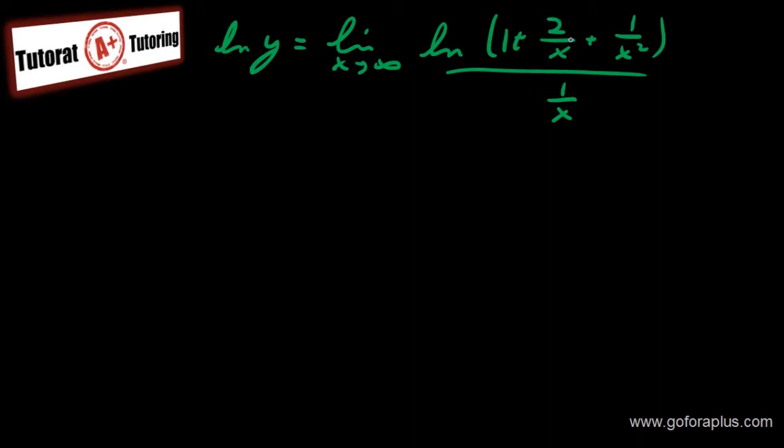Now, if you look at the top part here, 2 over x is basically 2x to the minus 1. 1 over x squared is basically x to the power of minus 2. And 1 over x is basically x to the power minus 1, right? So I can apply my derivative now, because if I write this like this, it will be easier to evaluate the derivative.